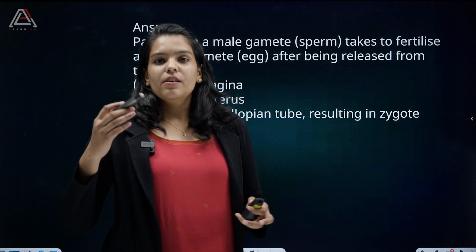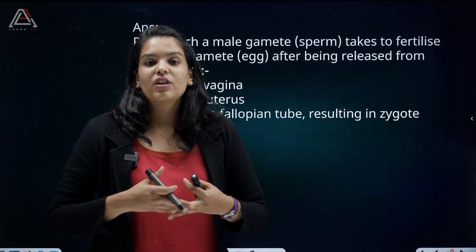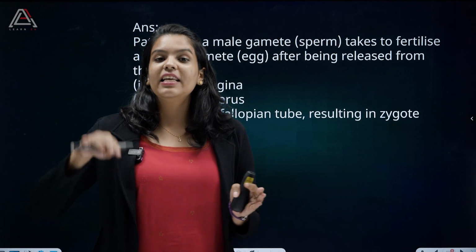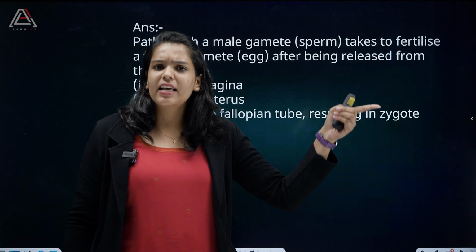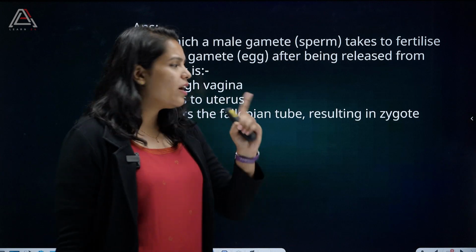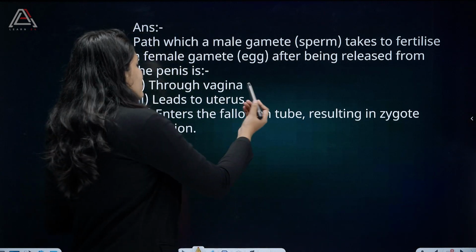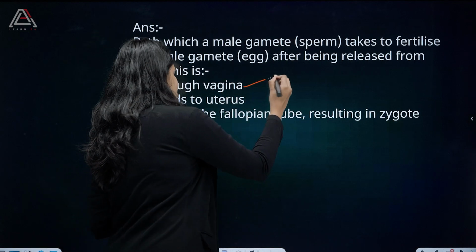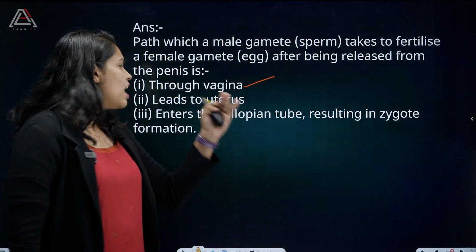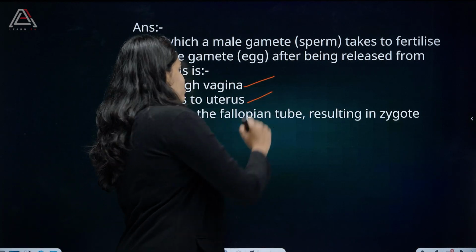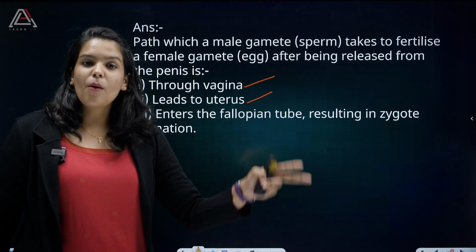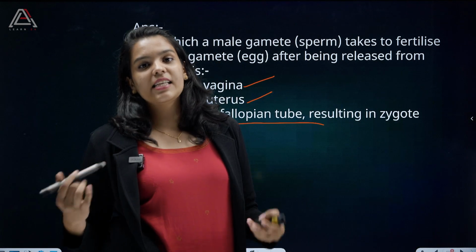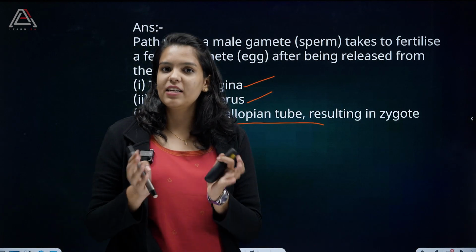Once the male gamete is released from the penis, it enters through the vagina and leads to the uterus, and then it enters the fallopian tube. You have studied about it, right? So you can write it in points: it enters through the vagina and leads to the uterus, and from there it enters the fallopian tube, which results in zygote formation, which is nothing but fertilization.